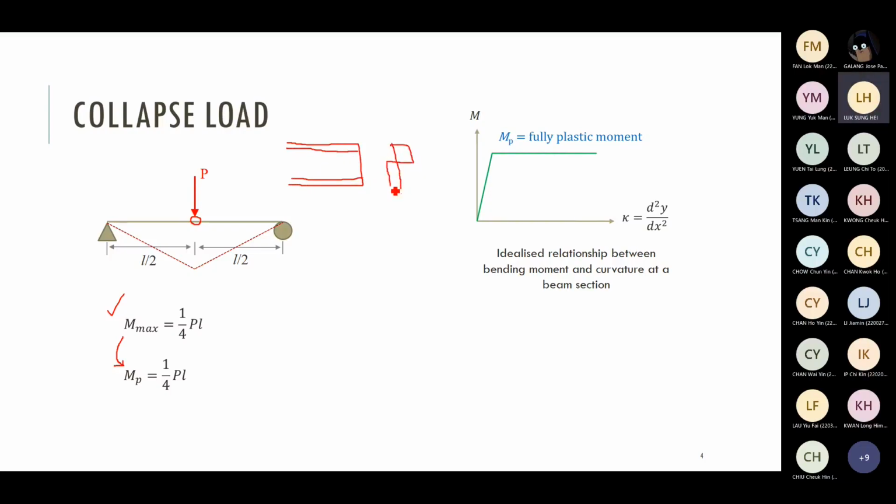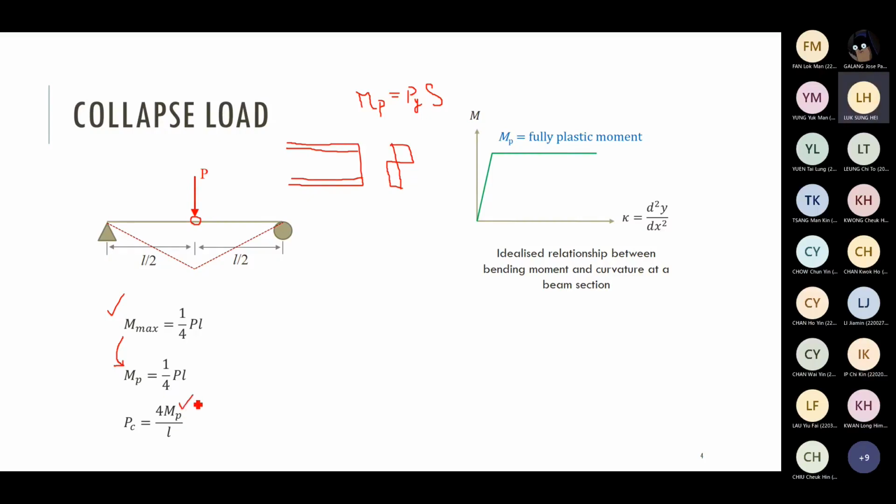For a steel beam, you can directly go to the section table, find your plastic modulus, and then you can get the plastic moment. You can equate the plastic moment to the maximum moment, 1/4 PL. Slightly rearrange this equation, and you can get your collapse load PC expressed in terms of the length of the member and the plastic moment.